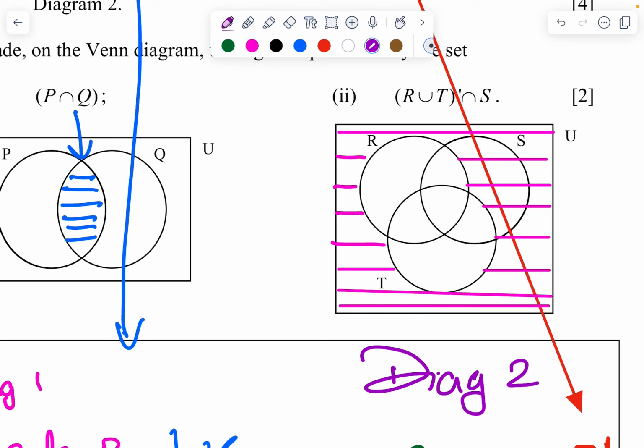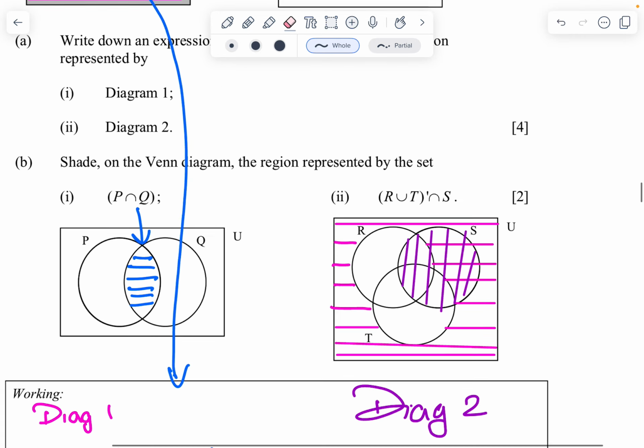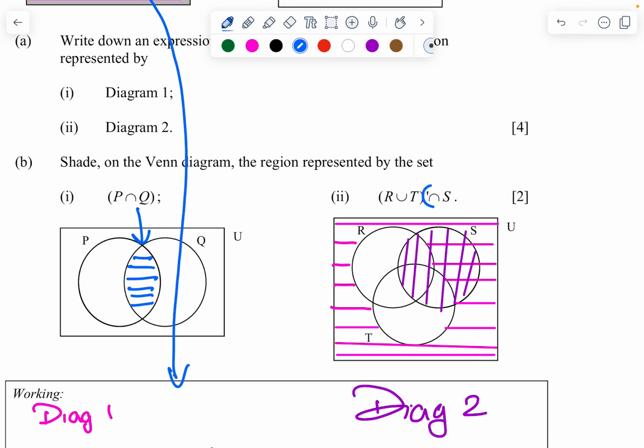Next, intersection S, plus S also. Add out S. So now when I say intersection, remember whenever it says intersection, we have to take the common part, which is present in both.